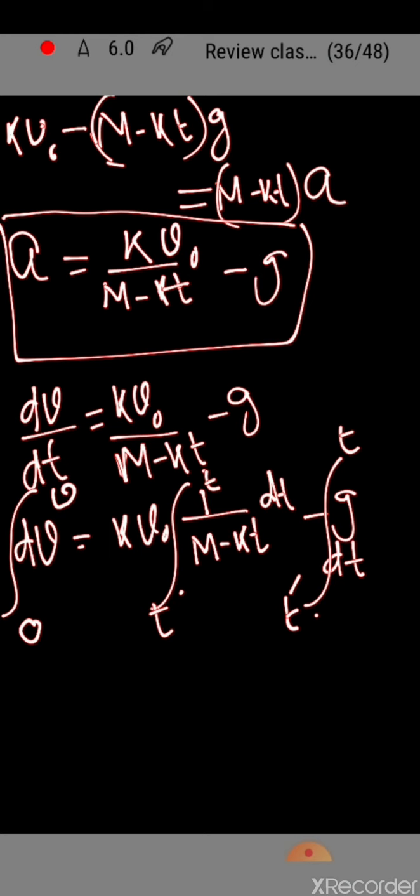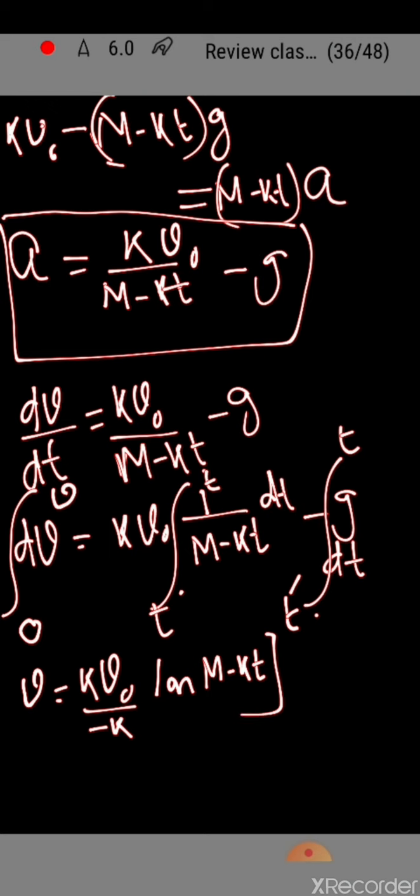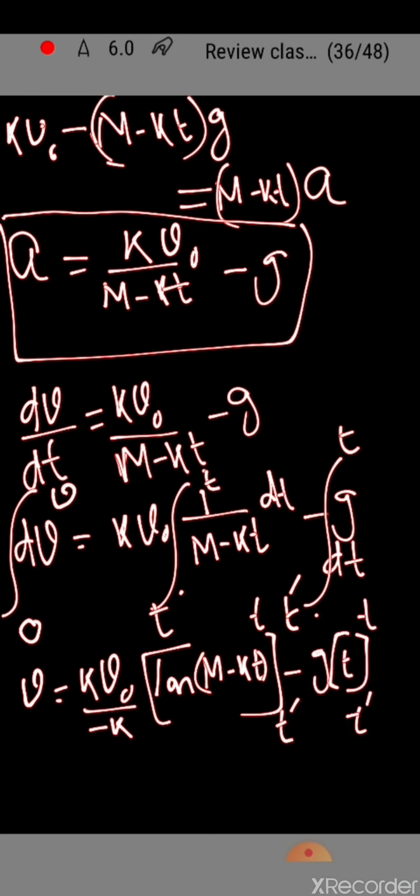So the left hand side, after substituting the limit, is equal to v. And the right side is k v naught into the integration of this, ln of m minus kt divided by minus k. So I have taken the minus k outside. Ln of m minus kt from t dash to t, minus g dt integrated from t dash to t.